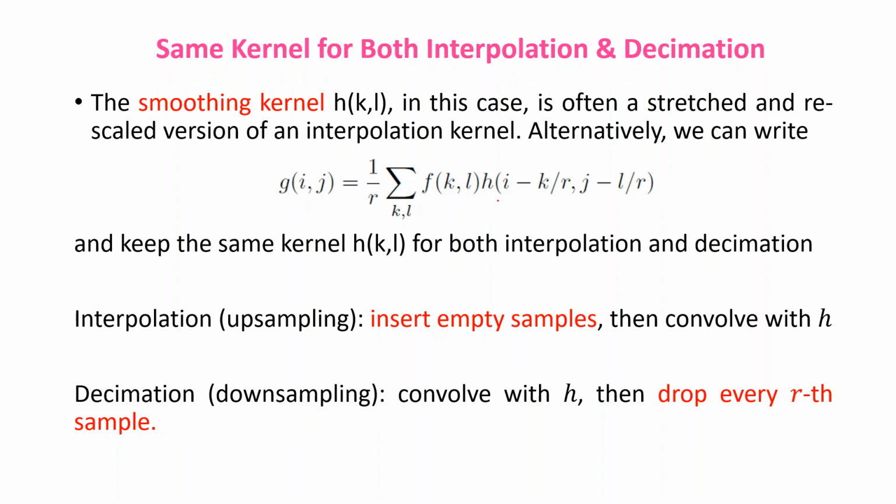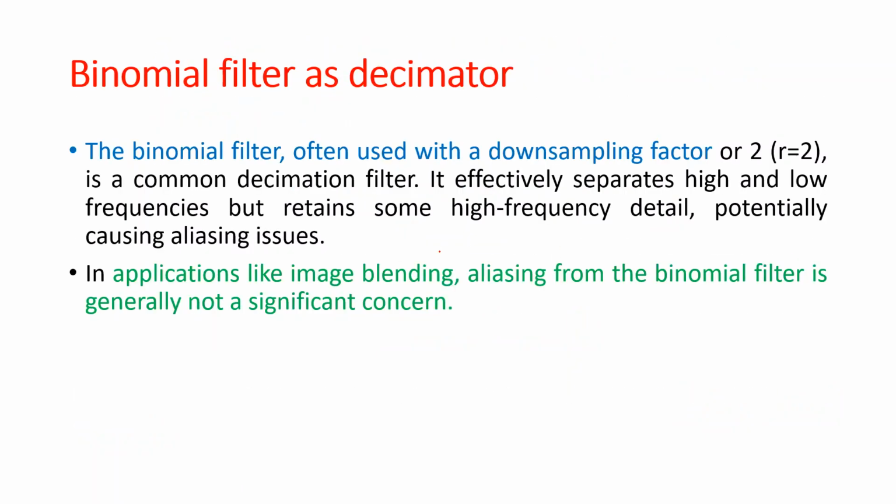Previously we said it is an interpolation kernel or decimation kernel. If you want to use the same kernel for both, we can use it as a decimation kernel, and it has a certain formula. In the case of interpolation, we insert empty cells to enlarge the image. In the case of decimation, we drop cells in the image based on the R value to reduce it.